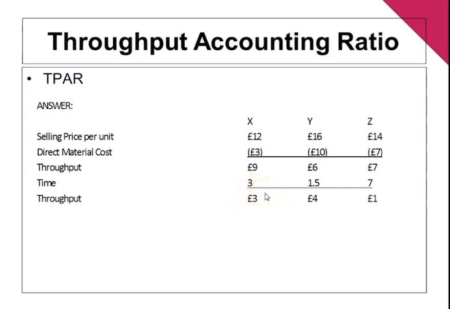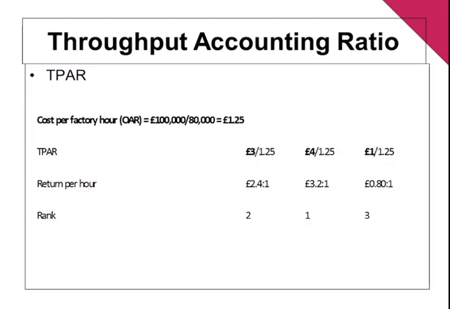So what we then do to thoroughly check that really the one to make first is Y, not X, is we actually calculate that throughput accounting ratio. We divide our throughput by our OAR.